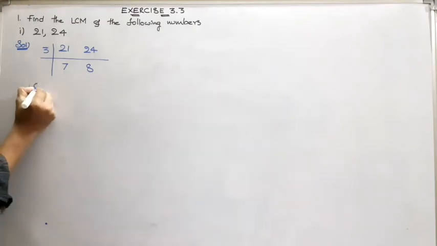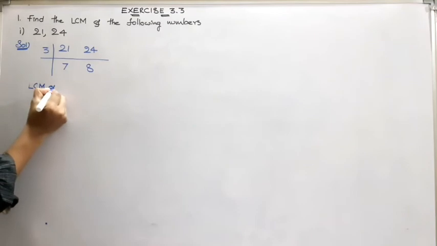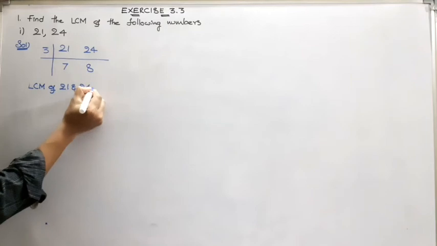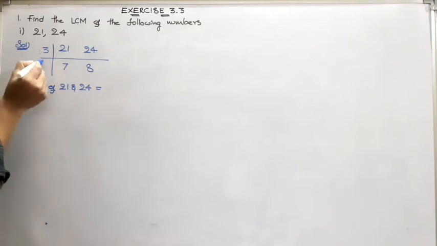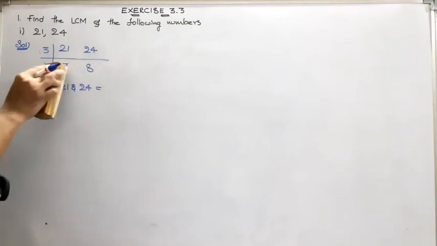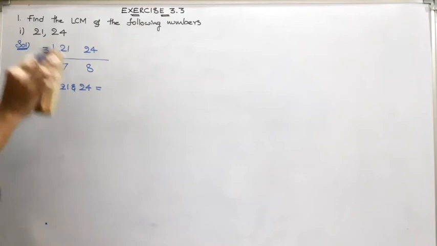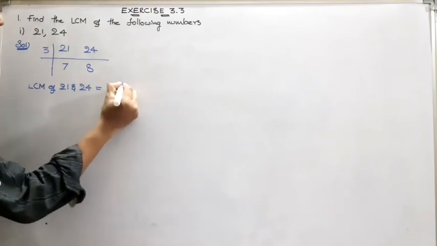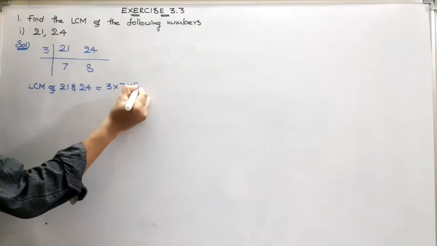Hence, LCM of 21 and 24 is equal to the numbers here. So look, the common factor 3 and the leftover numbers 7 and 8.